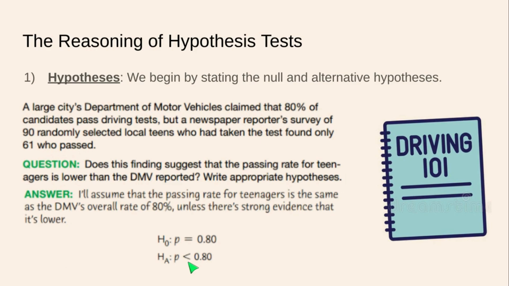Why is it strictly less than? Because we are trying to see if the findings suggest the pass rate is lower, all right? That means we are performing a one-sided alternative type of hypothesis test. We're only concerned about the left tail. Proportion being less than 80%. We only care about that left tail. It's a one-sided alternative.